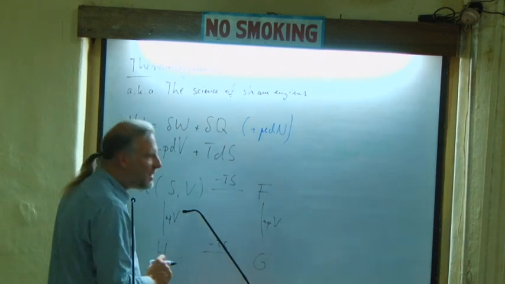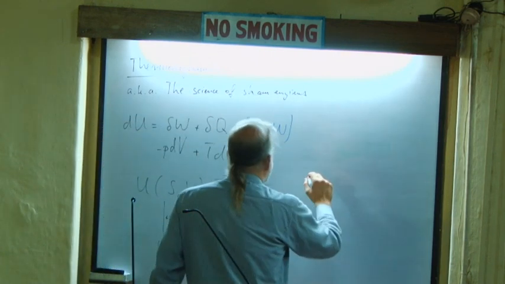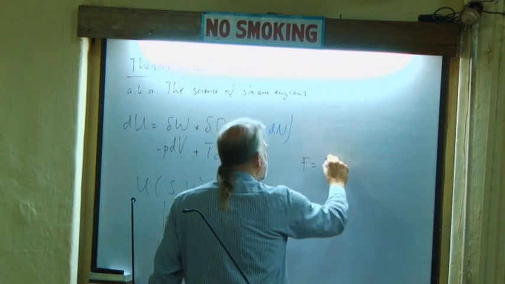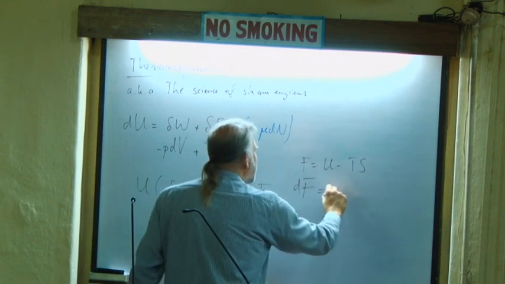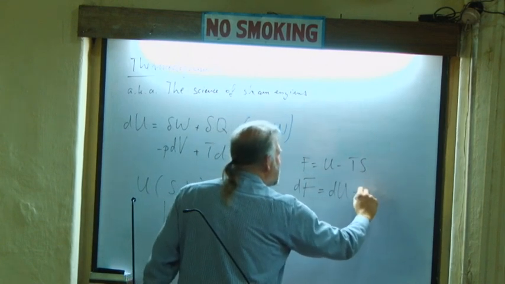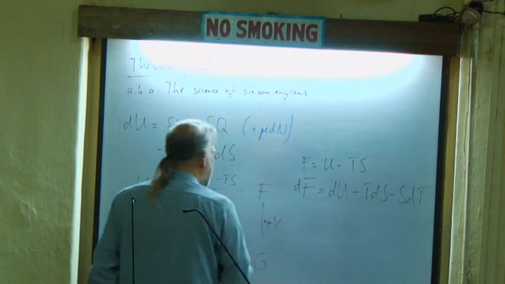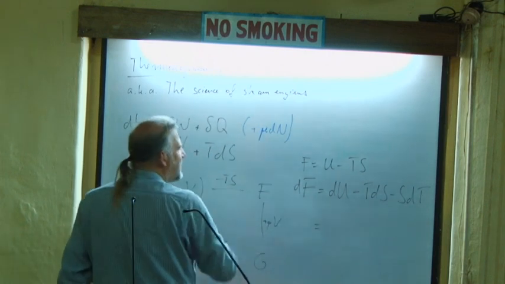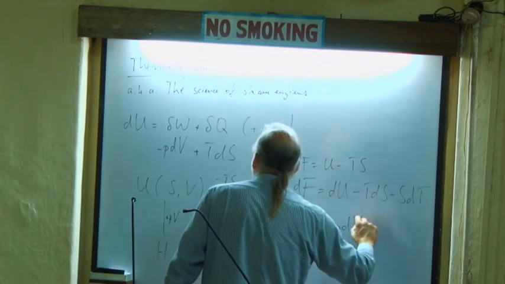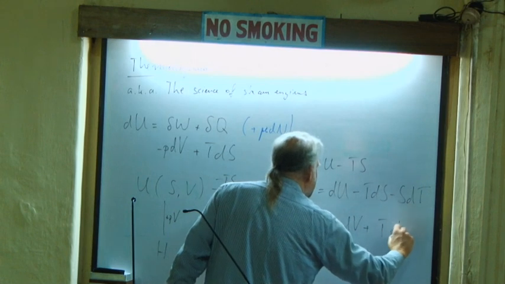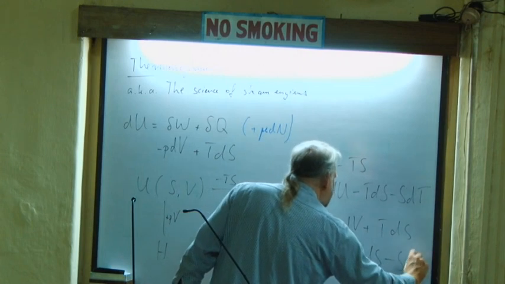So I will just do one example, the transformation from u to f. So I form f is equal to u minus Ts. So if I calculate the differential of f, this is du minus TdS minus SdT. If I use my first principle for du, so this is minus PdV plus TdS, and now I just copy minus TdS minus SdT.